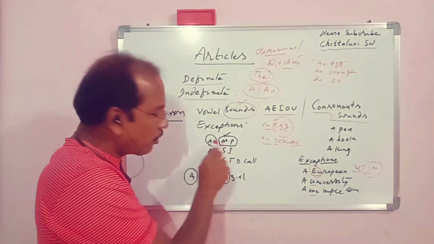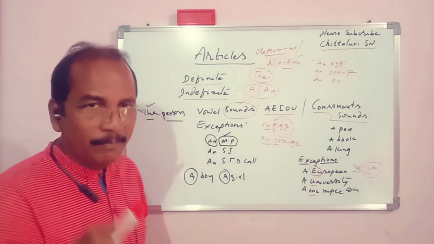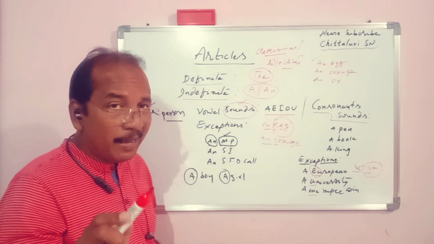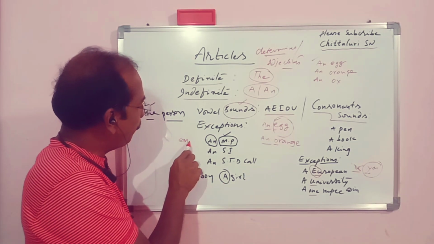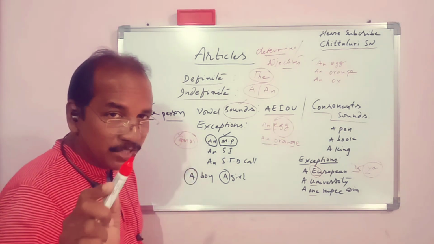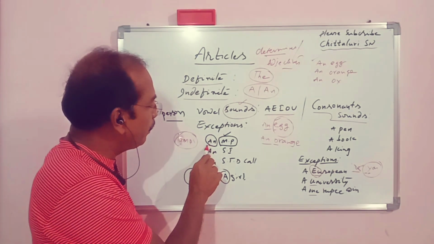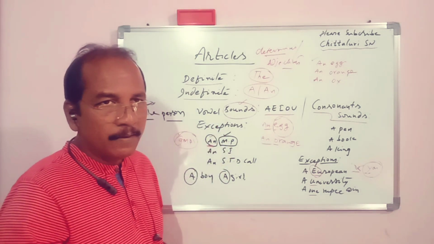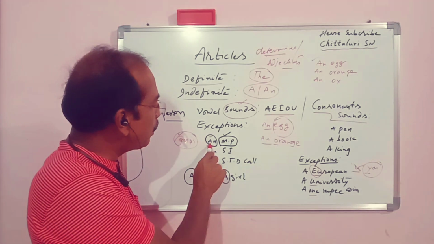Because though in MP the letter M is a consonant, it has the sound of "em", an E sound, which is a vowel sound. That is the reason, as per the rule, that before vowel sounds we are supposed to use an, so we should use an here.